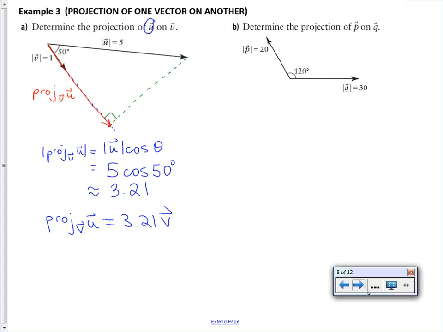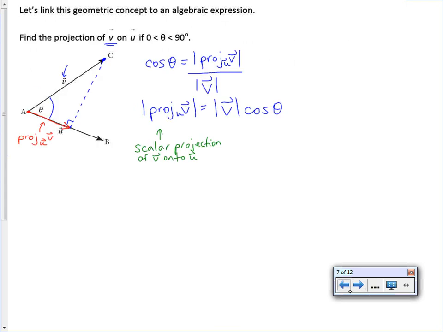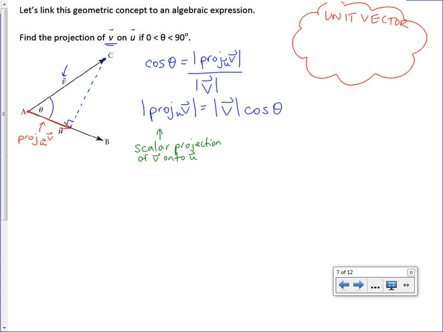Way back at the very beginning of 7.1, we talked about something called unit vectors, a unit vector in the same direction as a vector. If you remember the rule for that, let's refresh our memory. What is a unit vector?